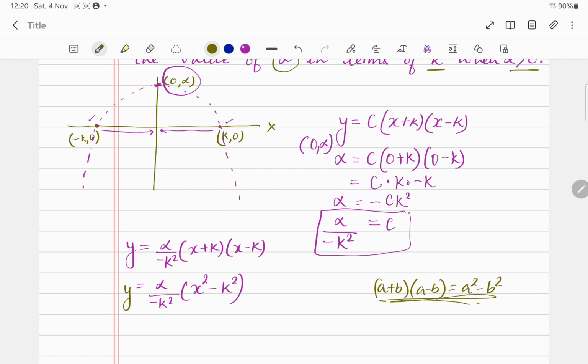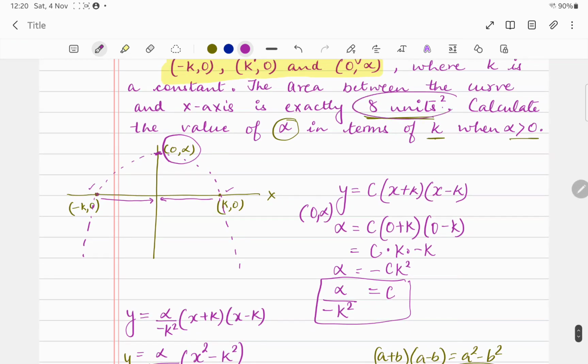Now we have to integrate to find the area, and they have given us that the area between the x-axis and the curve is 8 units squared.